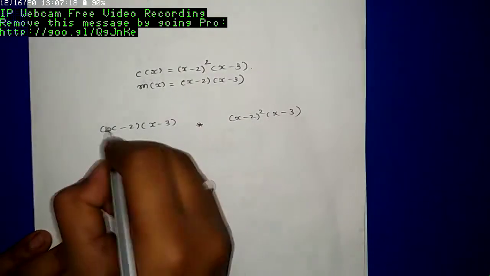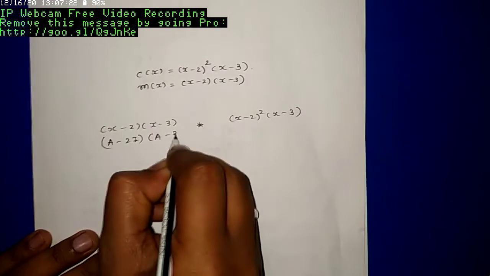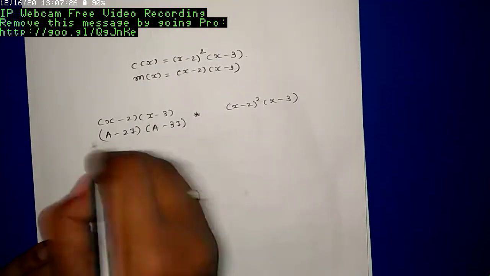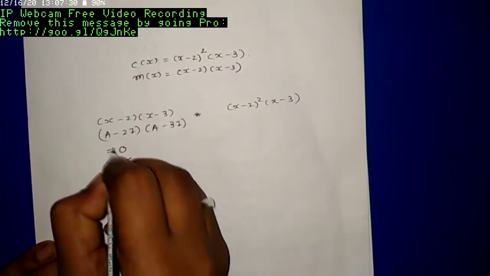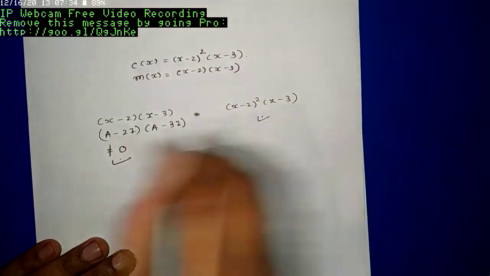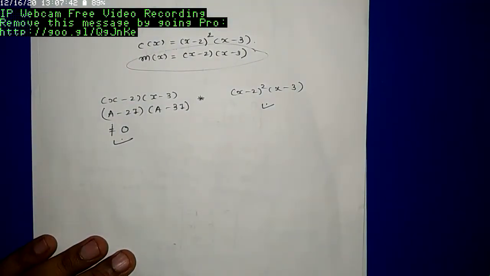If we put in A - 2I and A - 3I and multiply these two terms, we get 0, so this is your minimal polynomial. If you get a non-zero result, then the other one is your minimal polynomial. Clearly these go to 0, so your m(x) is (x-2)(x-3).